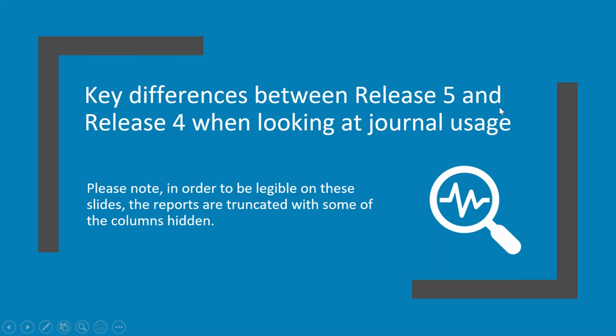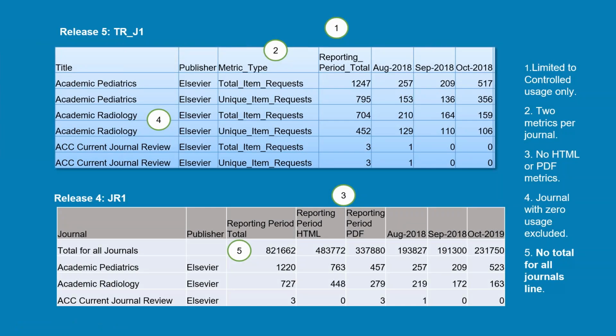So we'll now have a think about the key differences between Release 5 and Release 4 when looking at journal usage. And again, I would say that the slides have been truncated just to make them fit. So in summary here, I'm just going to run through again those key differences, what you need to look out for, particularly if you're comparing across time, and they are as follows.